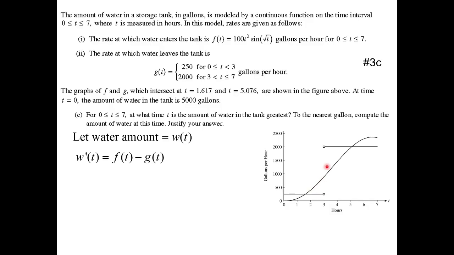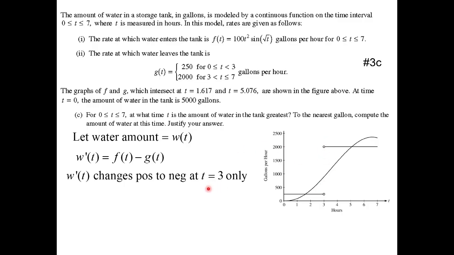At 3, g becomes higher again, and w prime is going to become negative at this 3 spot. And that's the only place that happens. At this other changeover, we're going from negative to positive again in terms of this difference. So I'm going to write that w prime of t changes from positive to negative at time equals 3 only.